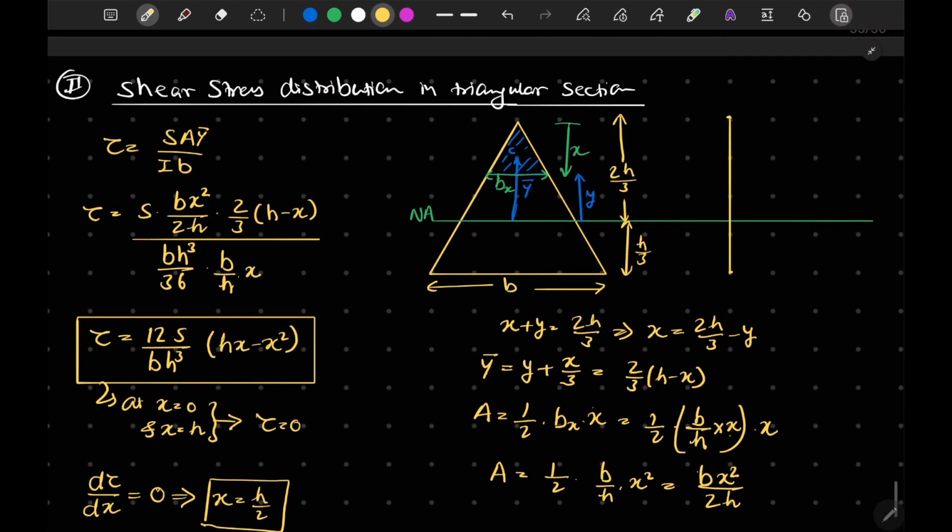Okay, so it will be something like this. So this is our tau max, and this value is our tau na. Stress distribution.